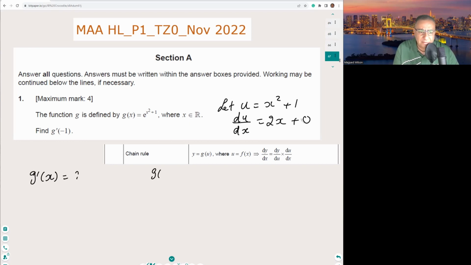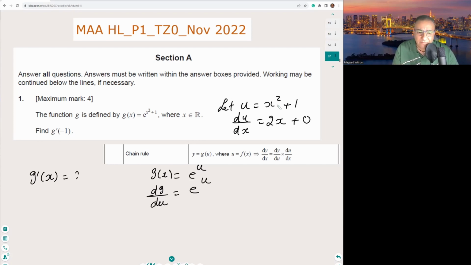Now I can rewrite g of x as e to the power of u. I can replace x squared plus 1 by u, as we supposed here. So we can first find dg by du, which is basically e to the power of u, because e to the power of x just stays the same.